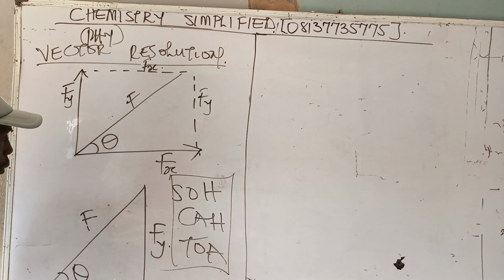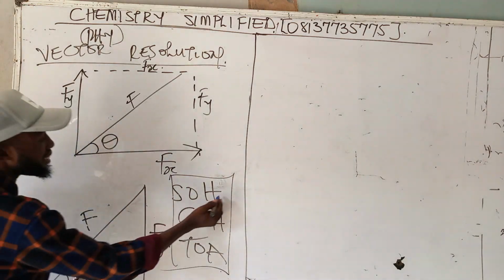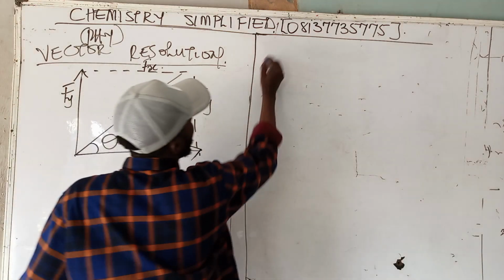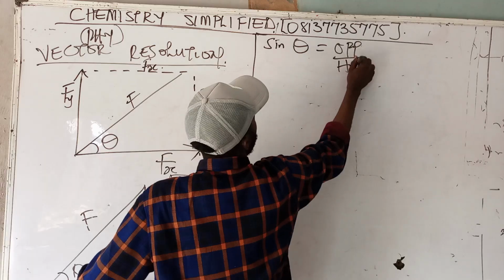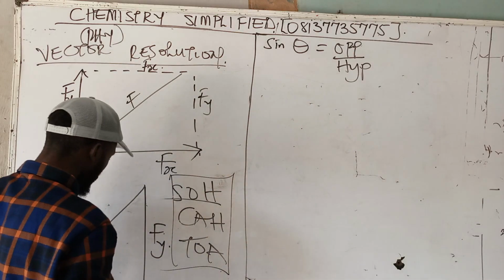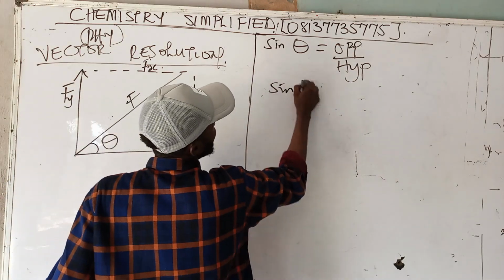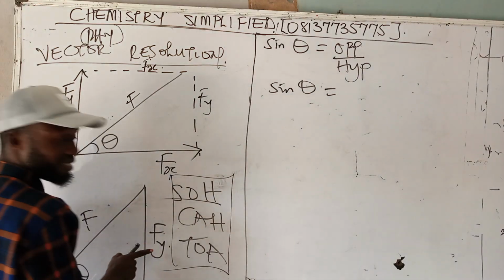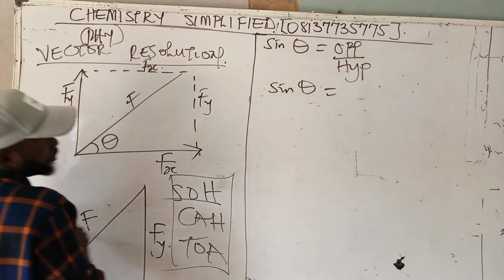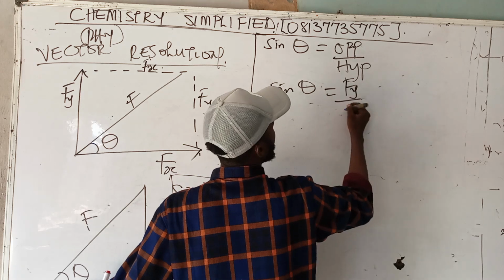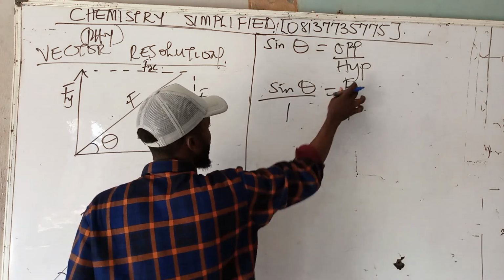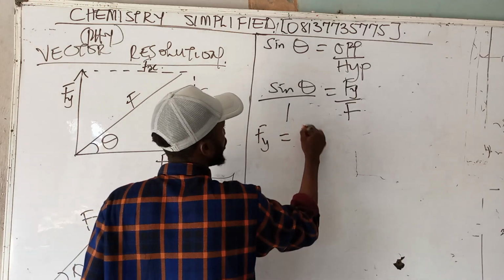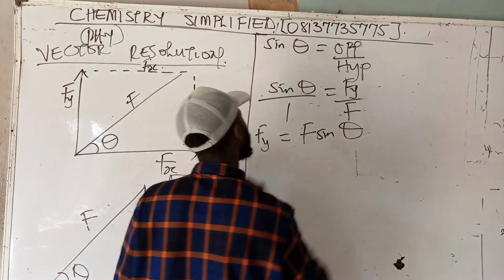Alright, what's the next thing we are going to do here? Very easy. Our sine theta is opposite over hypotenuse. So sine of theta will be equal to our opposite Fy over hypotenuse F, so we have Fy over F. We are resolving this force vertically, so we multiply, and Fy will be equal to F sine theta.